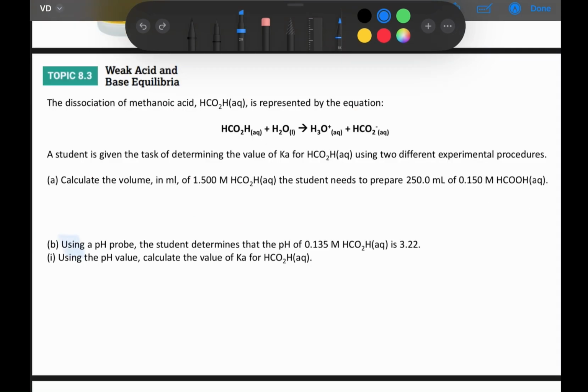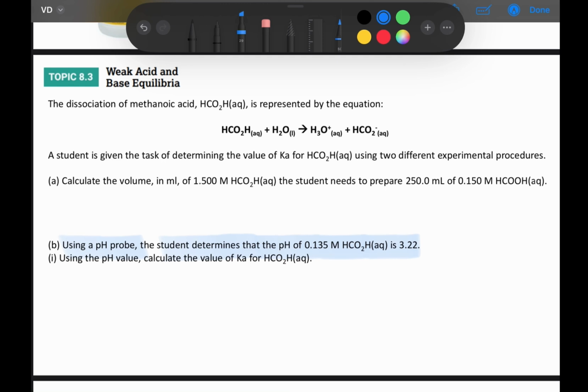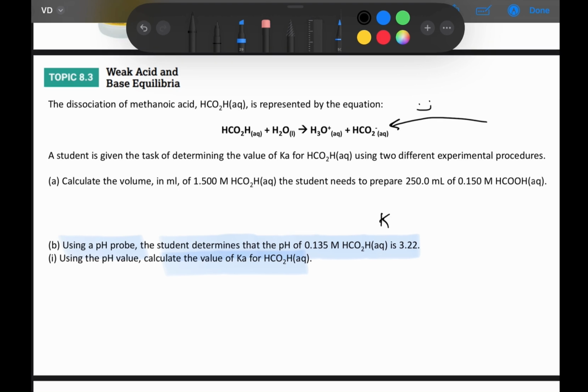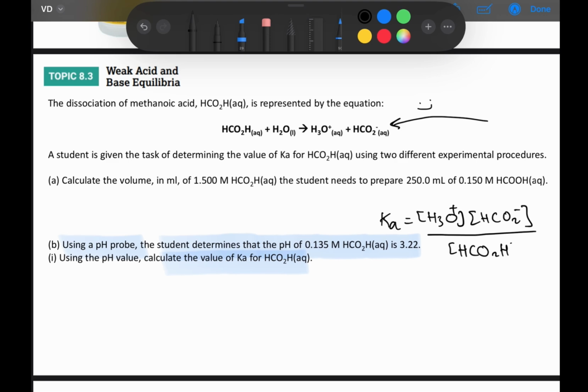B says, using a pH probe, the student determines that the pH of 0.135 molar methanoic acid is 3.22. Using the pH value, calculate the value of Ka. So first of all, guys, keep in mind, since the equation is given to me here, I can say the Ka expression is equal to the concentration of hydronium ion multiplied by the concentration of the conjugate base of the acid over the equilibrium molarity of the weak acid.